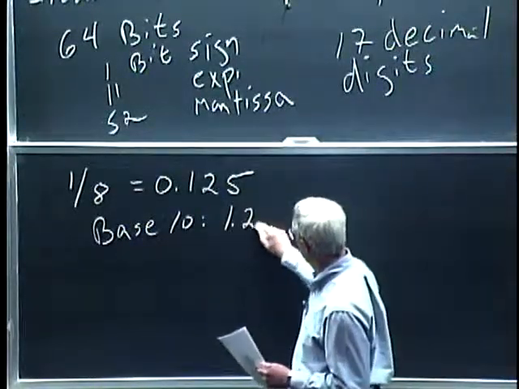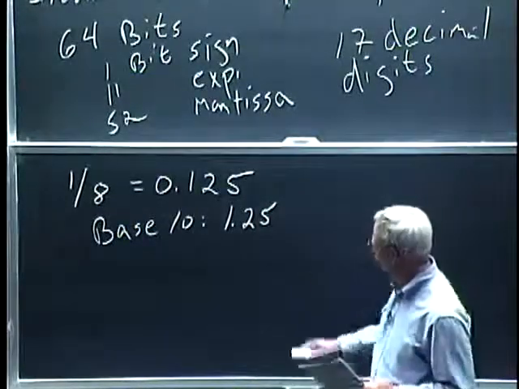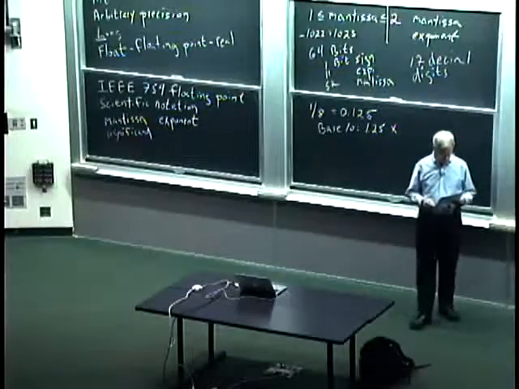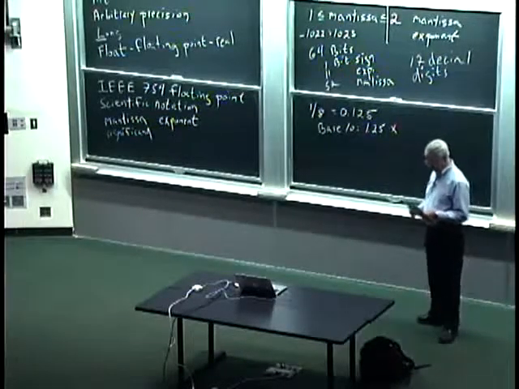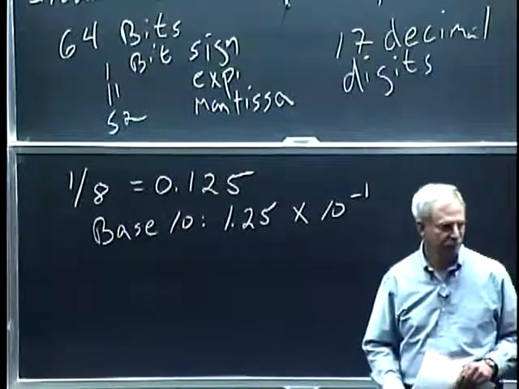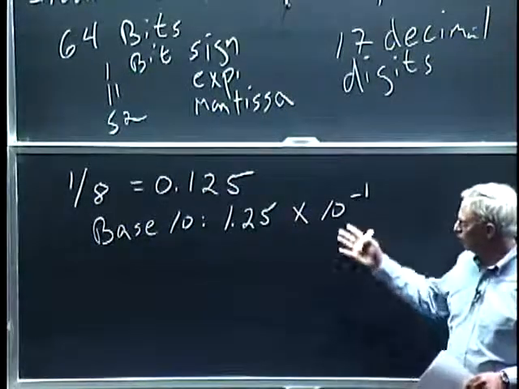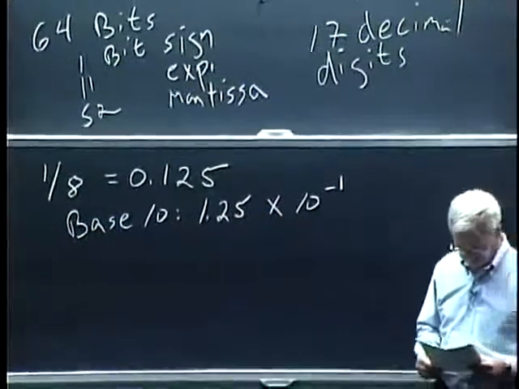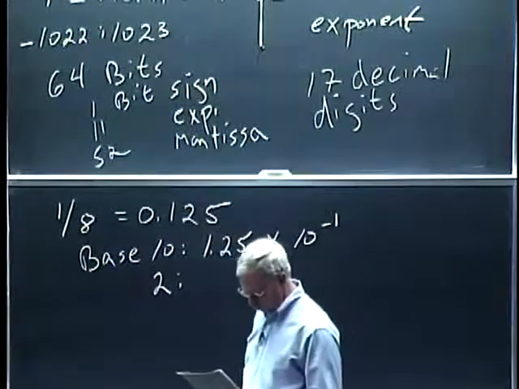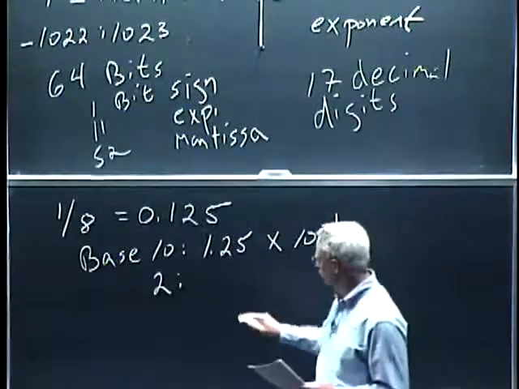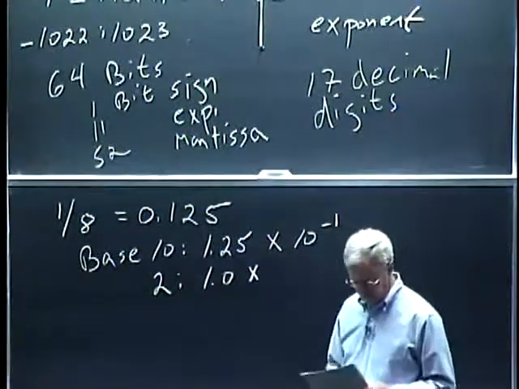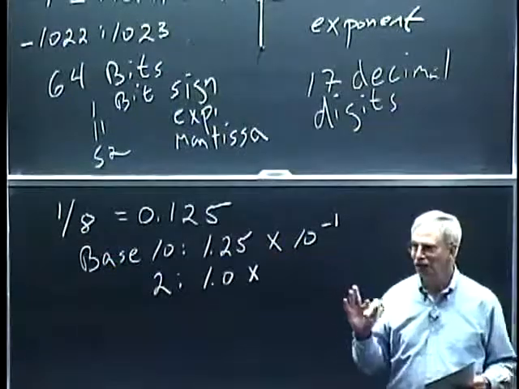Well, we'll take a mantissa, 1.25, and now we need to multiply it by something that we can represent nicely. And in fact, that will be times 10 to the minus 1. So the exponent would simply be minus 1, and we have a nice representation. Suppose we want to represent it in base 2. What would it be? 1.0 times, anybody?